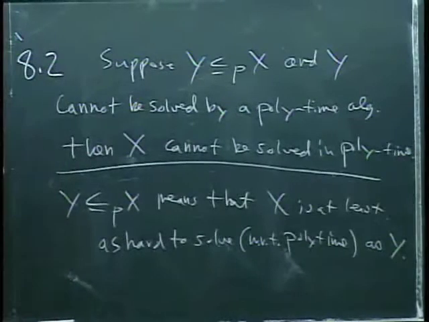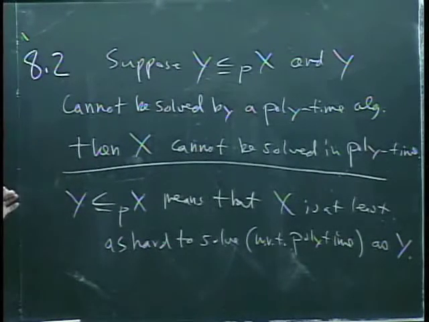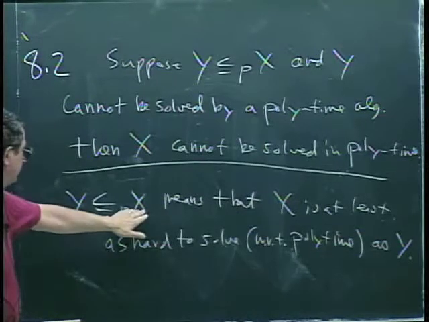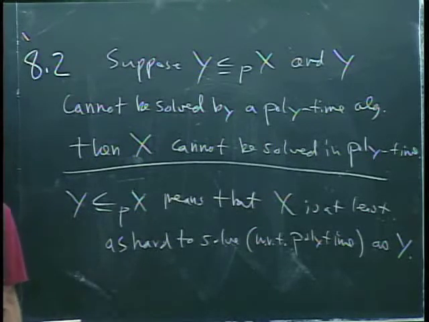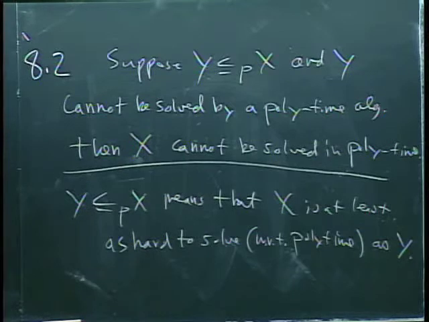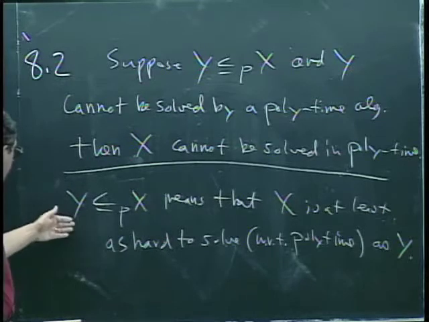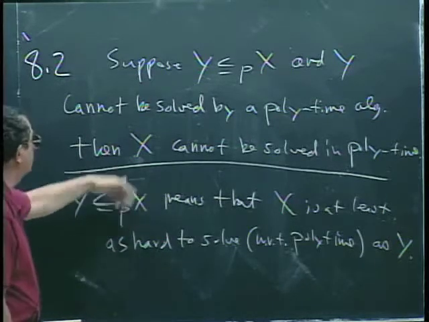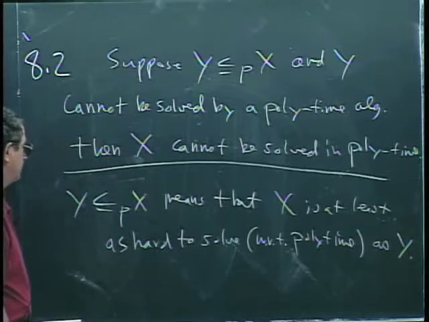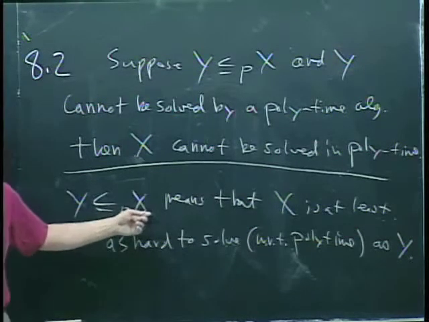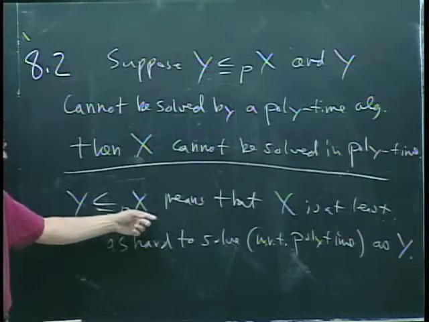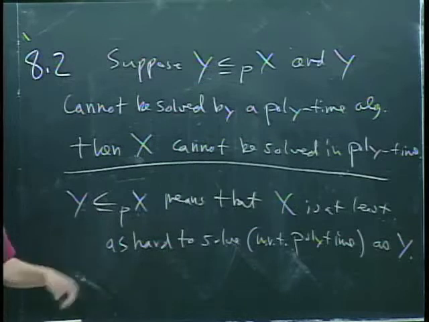So what does that really mean? Well, if we had a fast algorithm for x, we would have a fast algorithm for y. That's what this thing says. So if we don't have a fast algorithm for y, we can't have a fast algorithm for x. So if you're trying to get an efficient algorithm for x, you're going to have as much difficulty getting a polynomial time algorithm for x as you will for a polynomial time algorithm for y.